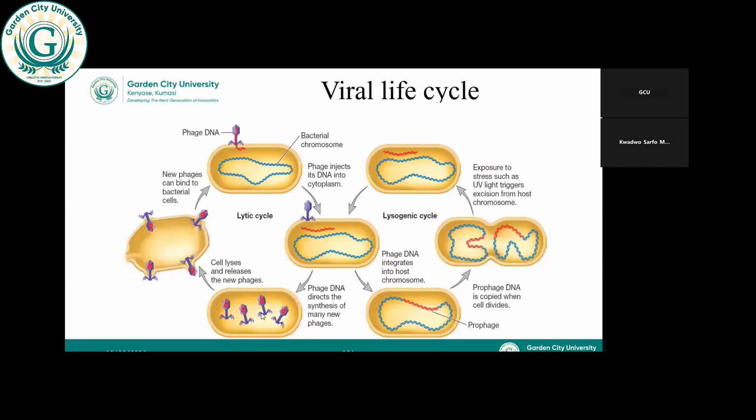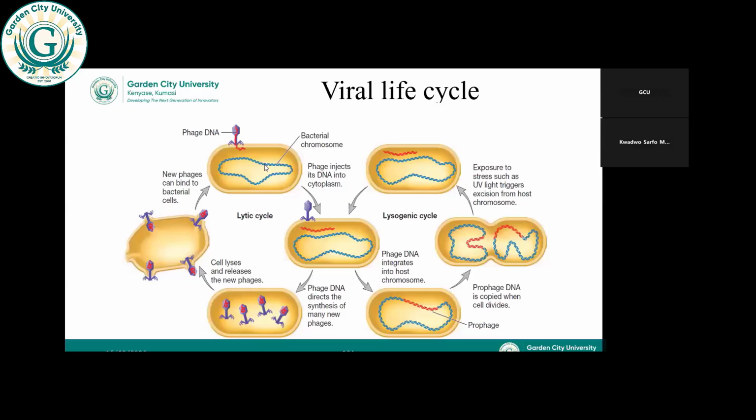It takes over and then multiplies its DNA or RNA, and then gets assembled again with the capsid around it. And because the host cell DNA is destroyed, no activity can go on. So the cell eventually dies. And then once the cell dies, the virus cannot survive, so it comes out to infect a new cell within the host. So the lytic has to do with the killing of the cell through lysis. That's why it's called lytic, and then it comes out to infect new cells, and the cycle goes on.